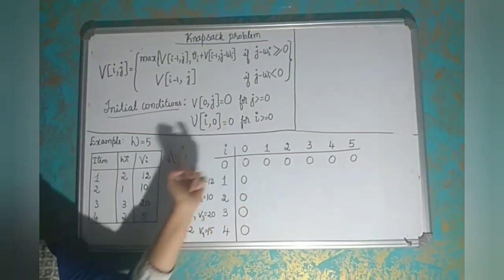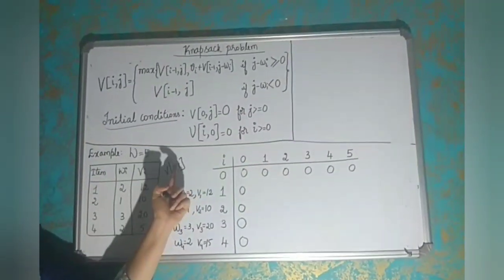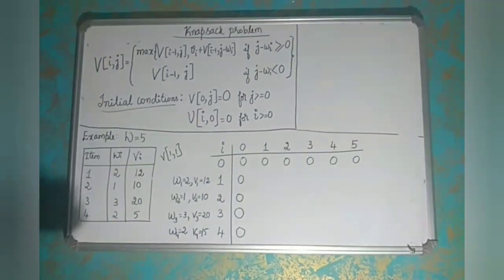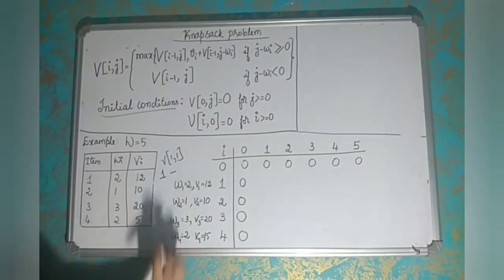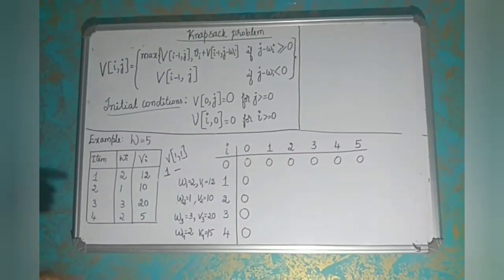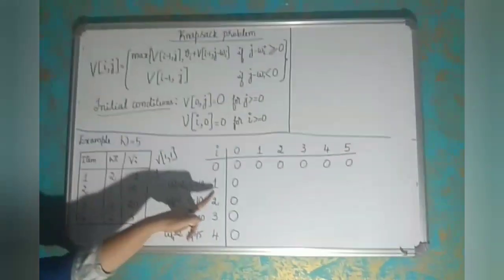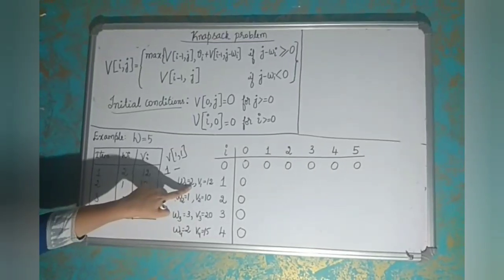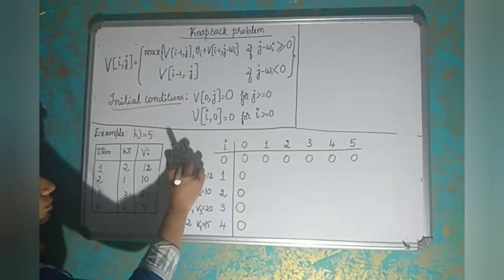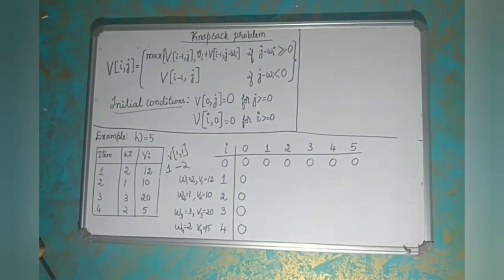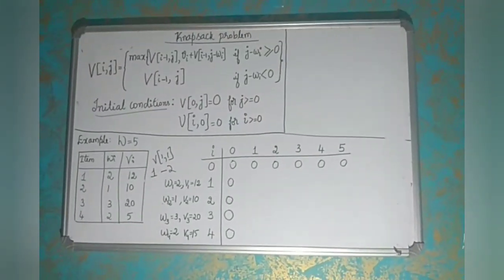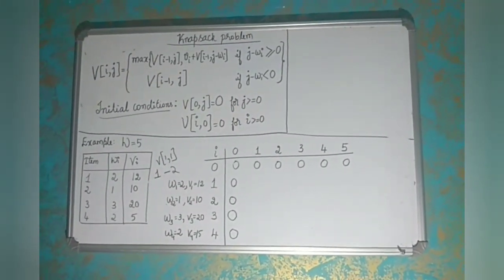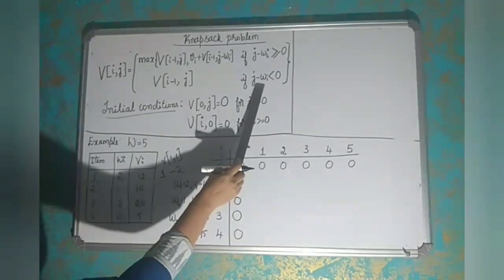Now we are going to find this j. j is 1. So 1 minus wi. wi means the weight of the ith item, the weight of the first item. What is the weight of this item? It is 2. So, is 1 minus 2 greater than 0? No, it is not. 1 minus 2 is minus 1. So you have to consider the second case.